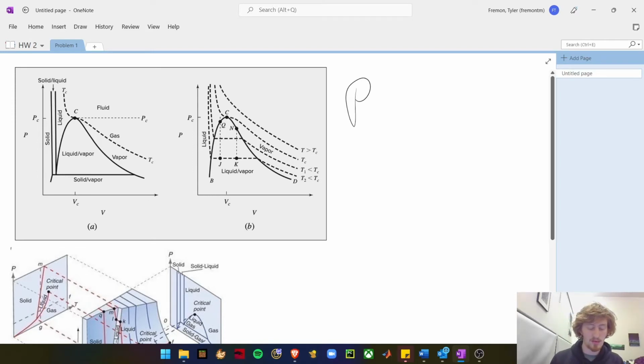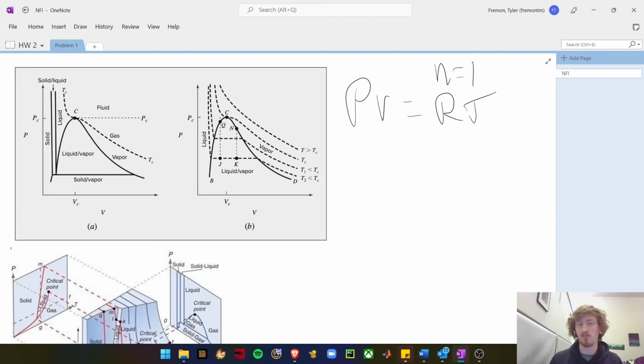So if we were to look at the equation PV equals RT, or the ideal gas law, for 1 mole of substance, when there's no N, that obviously means N equals 1. We will notice that the equation doesn't account for the volume that these molecules of gas take up.